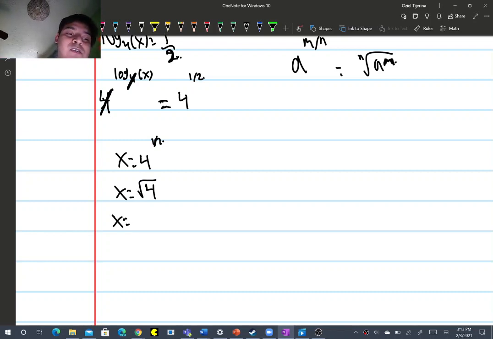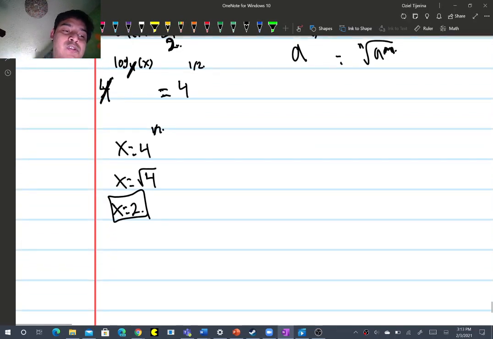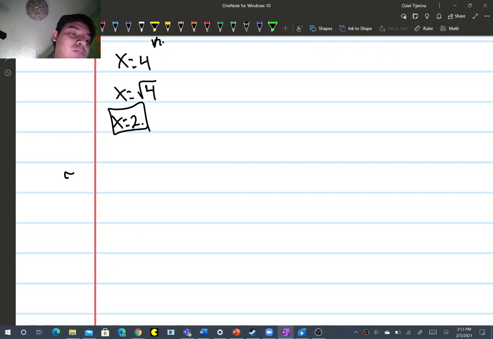So I would say x equals 2, because if I say log base 4 of negative 2 equals 1/2, that's a false statement, because you can't take the log of a negative number. Okay, so my answer is just 2. Let's go to the next one.